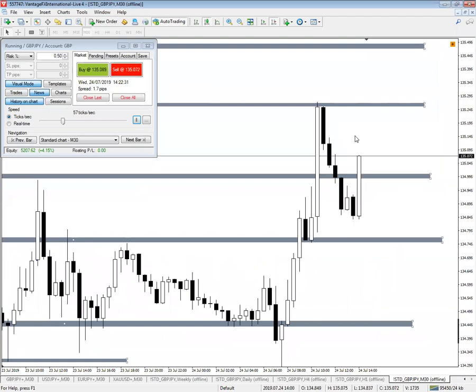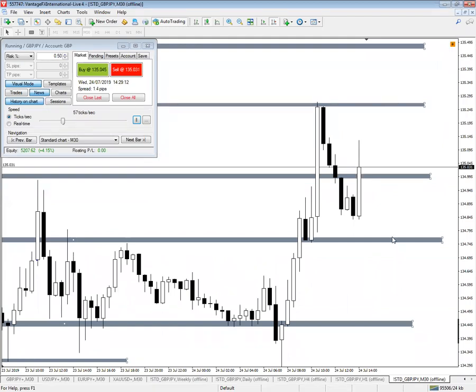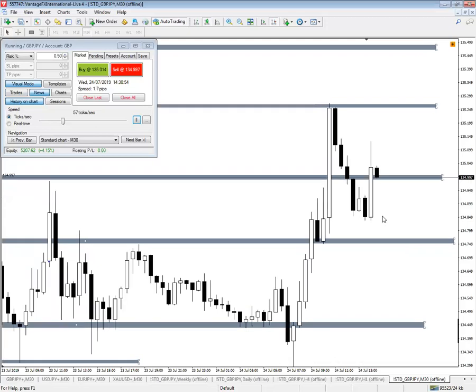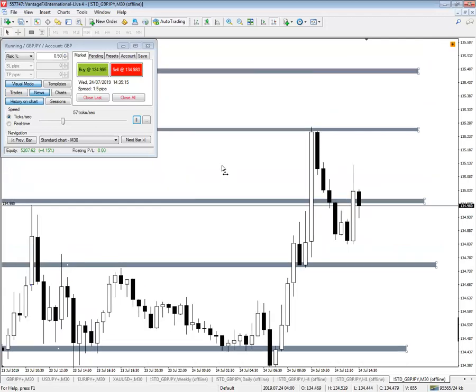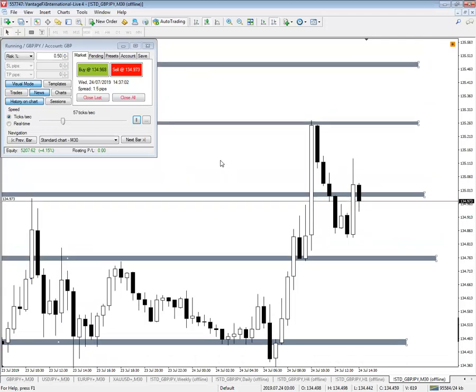So yeah, done the exact same thing today. In fact, it will come up and tap into this area, create a massive top wick, and then should fall back down to this next support. Literally the same thing happened today. Literally, it looks almost identical.